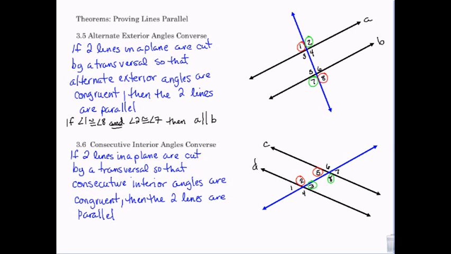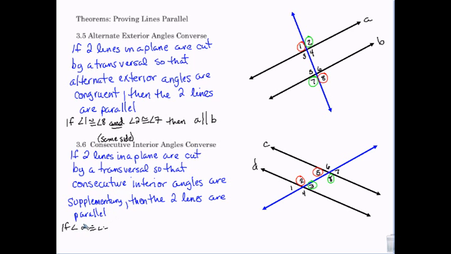Our textbook calls them consecutive interior, some textbooks call them same side interior. You can call them whichever one you want. They're on the same side, so if angle 2 is congruent to angle 5, so yeah, not congruent, supplementary, I wrote the wrong word.